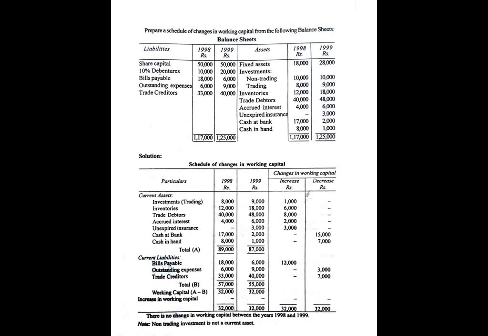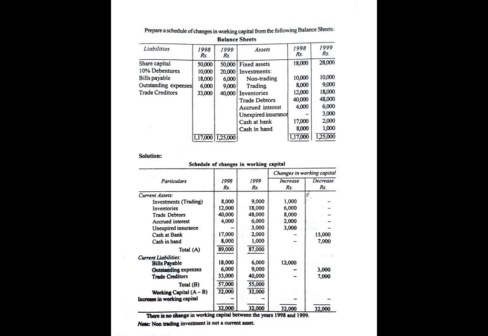Then we'll come to the current liabilities. Bills payable: in 1998 it is 18,000, in 1999 it is 6,000. It has decreased, so automatically the working capital increased by 12,000 rupees. Outstanding expenses 6,000 and 9,000, and it has increased by 3,000, so put it in the decrease column. Then we go for the trade creditors, 33,000 and 40,000.